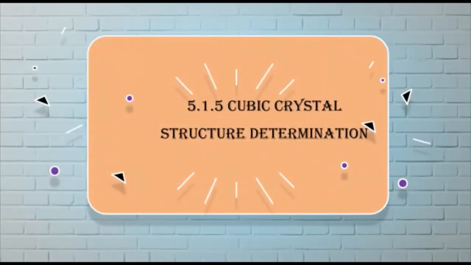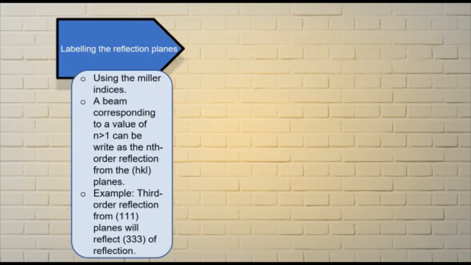Next subtopic is cubic crystal structure determination. As we know, Bragg's law X-ray diffraction is a technique for the determination of crystal structure. Labeling the reflection plane is the first step. Using the Miller indices, a beam corresponding to a value of n more than 1 can be written as the n-order reflection from the hkl planes. For example, third-order reflection from 111 planes.